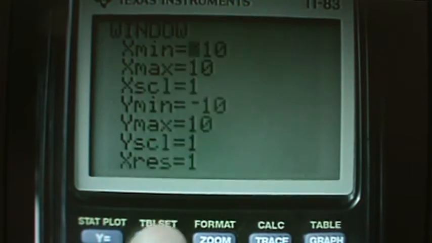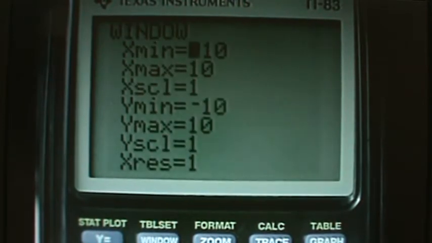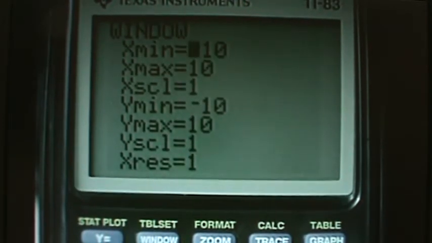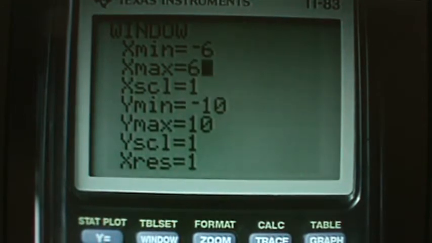Now let's change our window settings a little bit. I've looked at this before, so I know that an x min of negative 6 and a max of 6 will look a little better, and we'll change the y to a y min of negative 1 and a y max of 5.